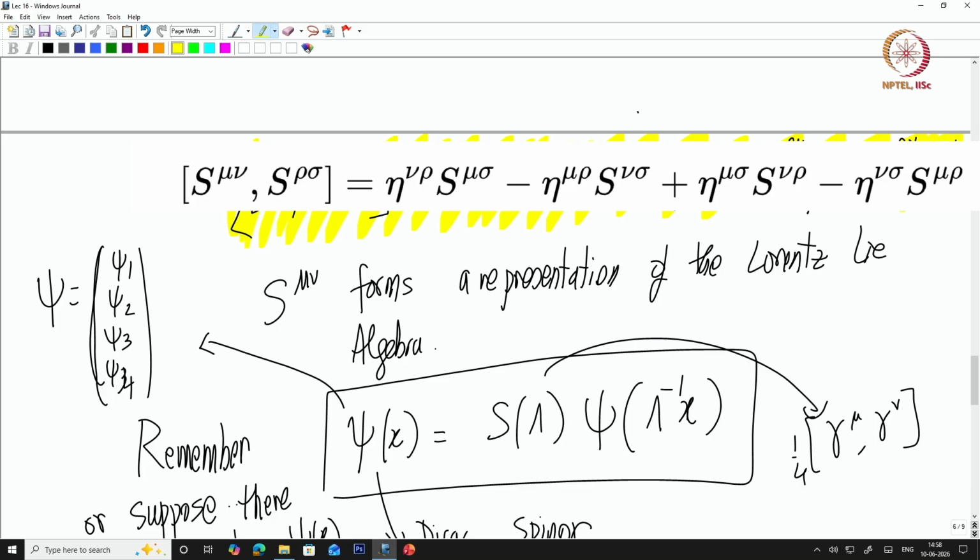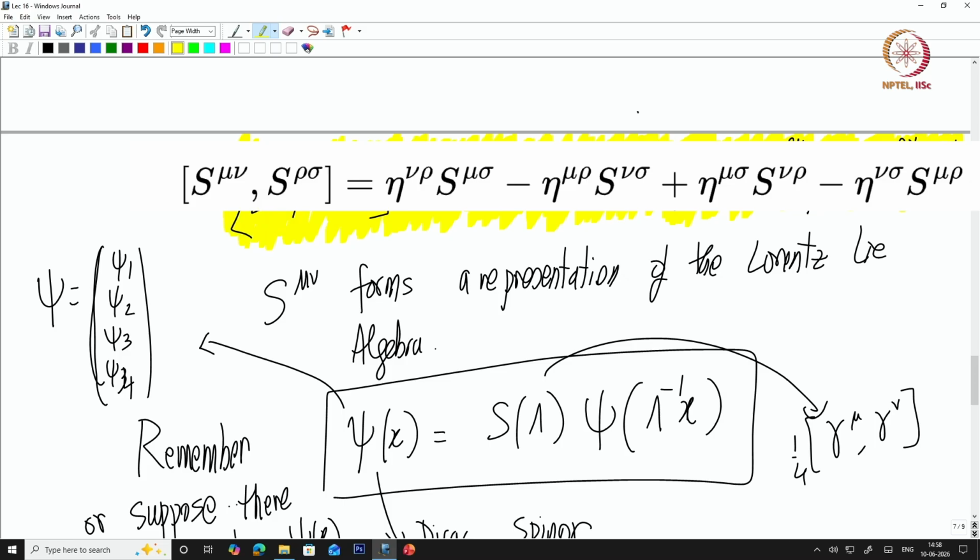So, the spinors represent the spin half particles of the Lorentz algebra.